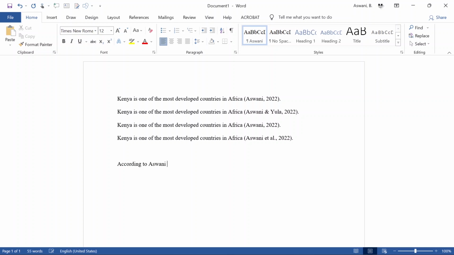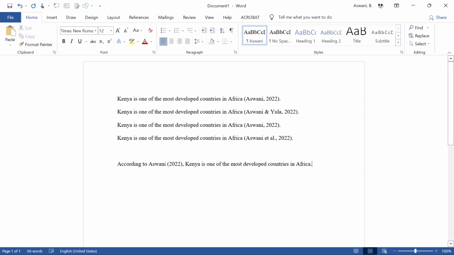When you're using this system, only the year should be in brackets and then followed by a comma and then the idea that you are referring to. So this is how you can do it.